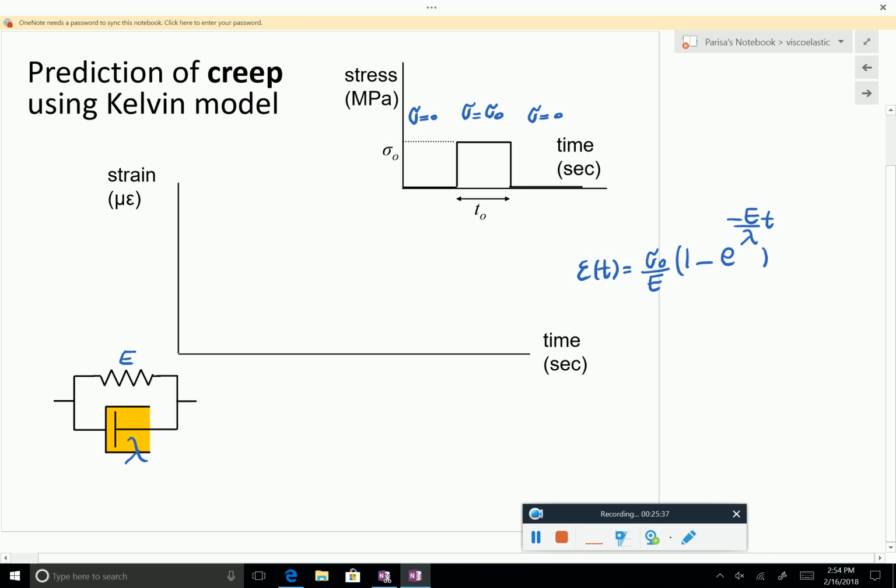Now let's first just concentrate. If it is 0, and then when you load it, what happens? Draw this graph, it's an equation. How do you think it will look like?